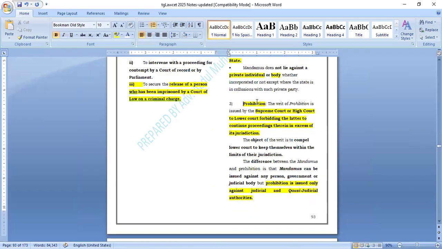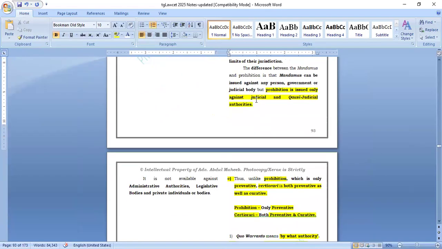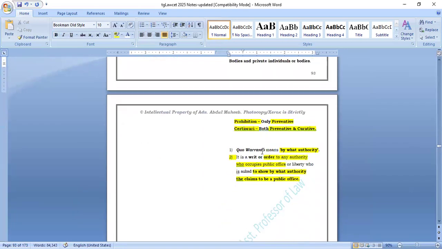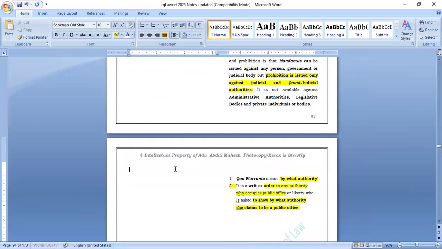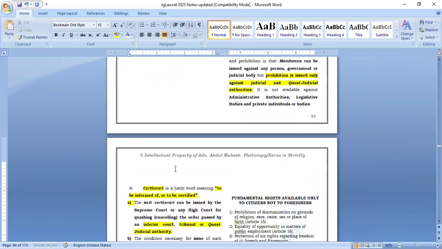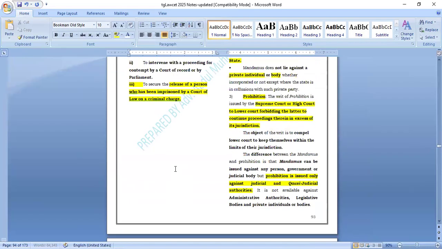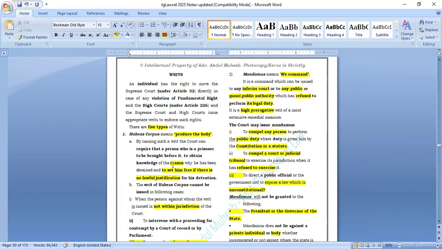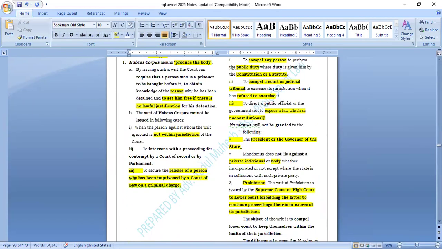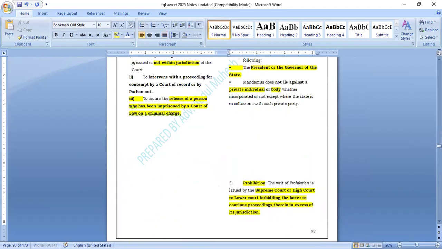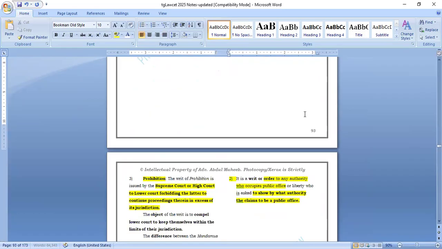सर ओवर क्लास। एक मिनट। First one is habeas corpus. Second is mandamus. Third is prohibition.